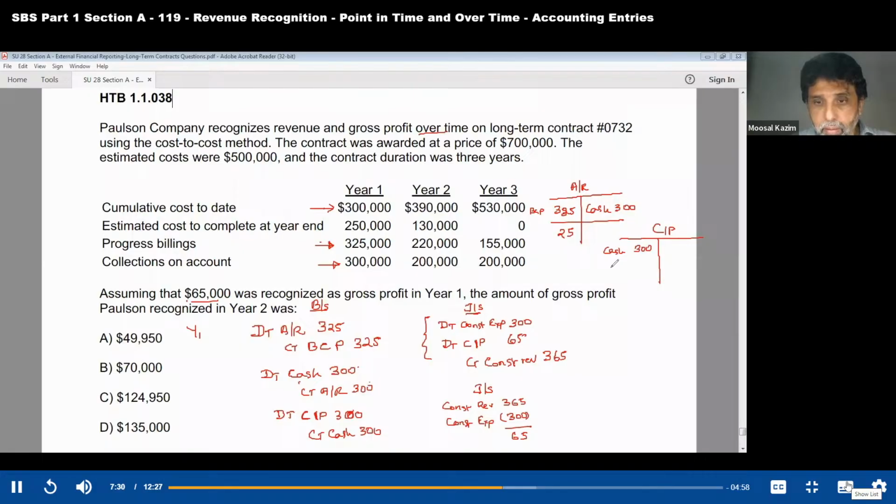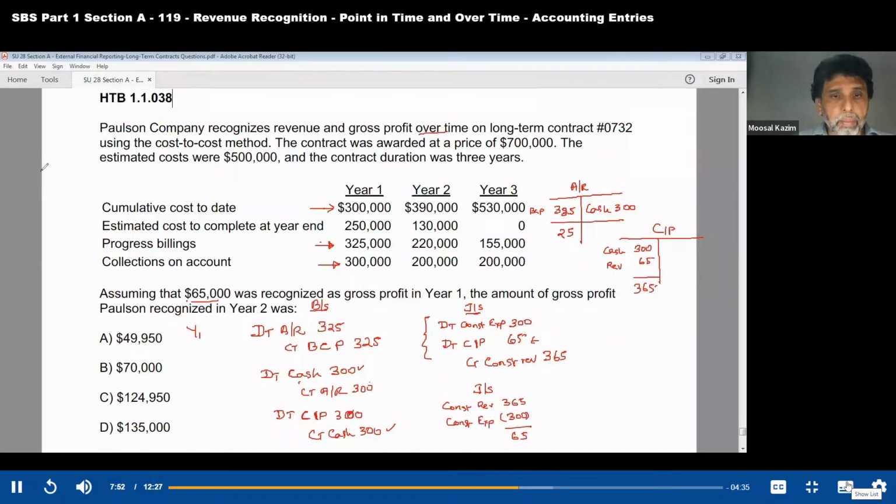And it got another one from the construction revenue, debit 365, which is here. So its balance is 365. We will not drop the cash account because cash came in and cash went out. So cash balance is 0.